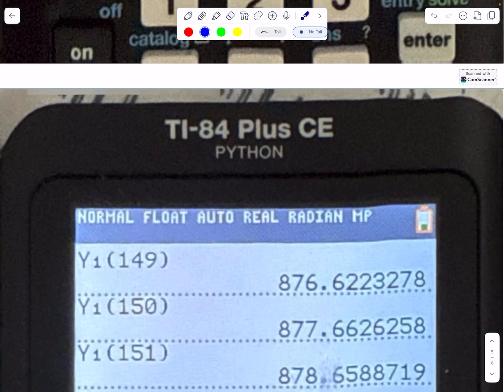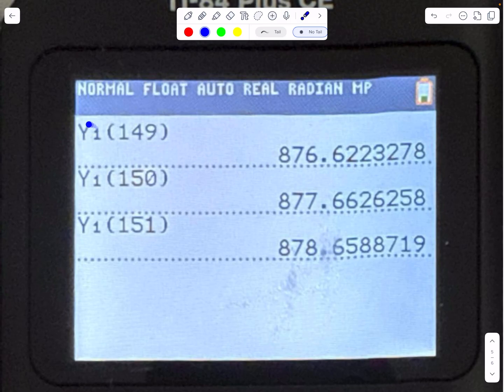When you do that, this y1 will show up. Then in parentheses, we're going to put 149, because the question asked which of the following best describes the behavior of d as a function of t on day 150. Since that's the focus, we want to look at the number before and the number after to see the change.